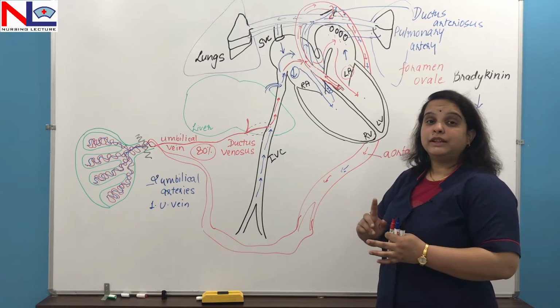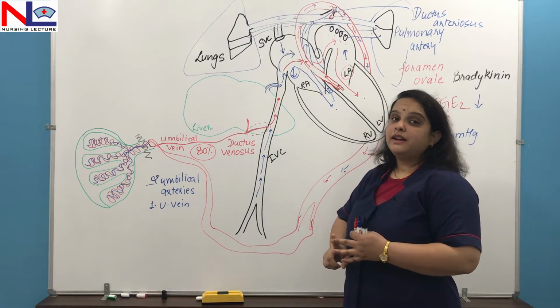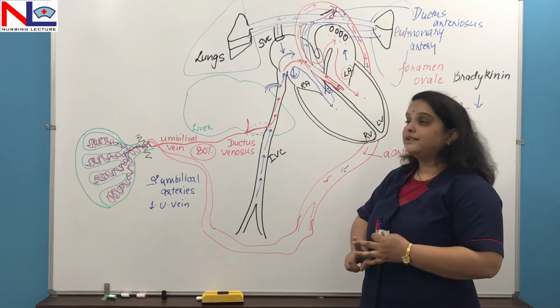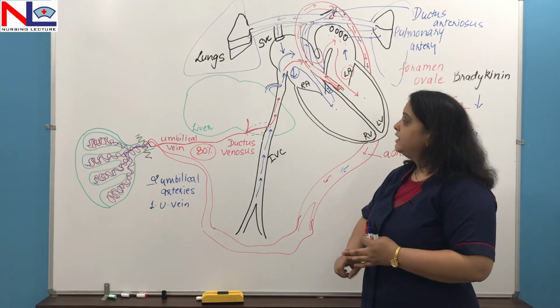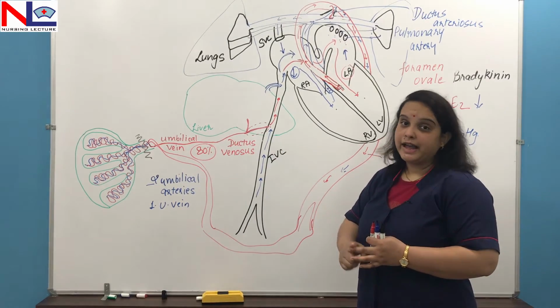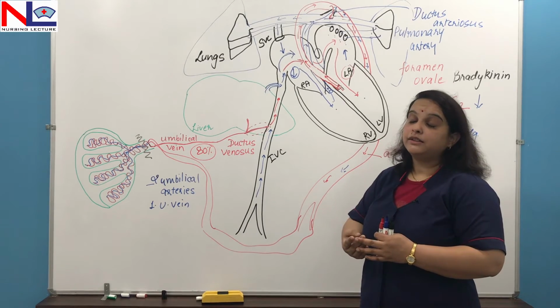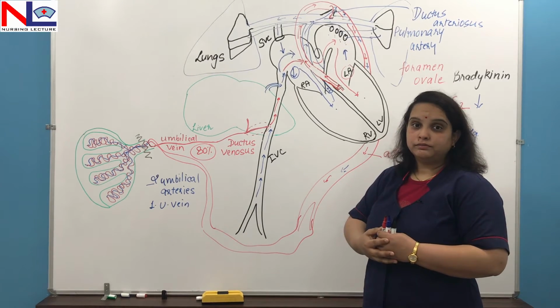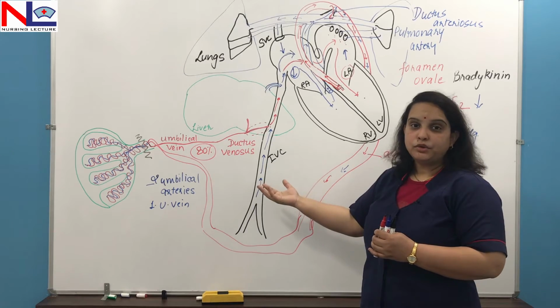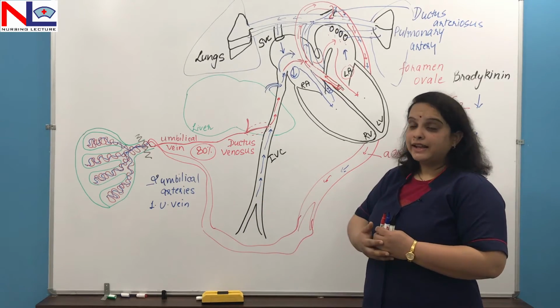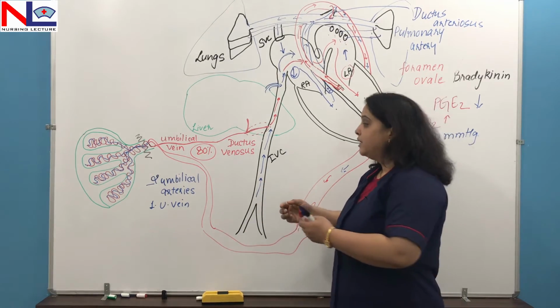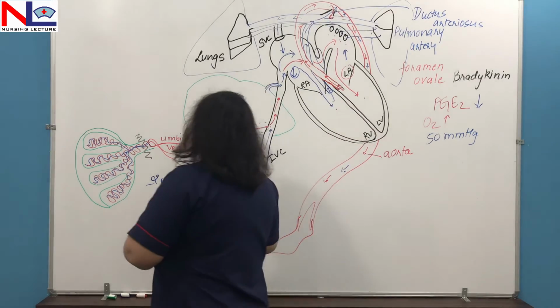Okay, now the last third aspect in this fetal circulation is the remnant structures. So these are the 5 things which are not needed anymore, because after the birth there is no use of all these 5 things. Then what did they become? Okay, so first we'll start with the umbilical vein.